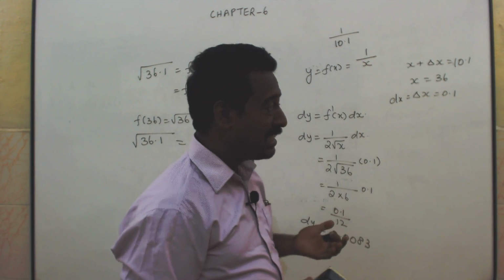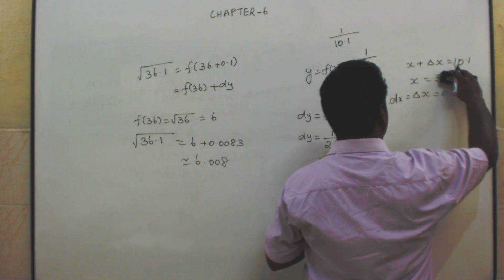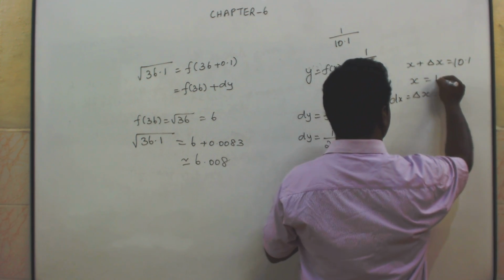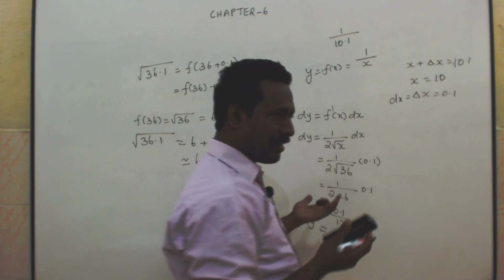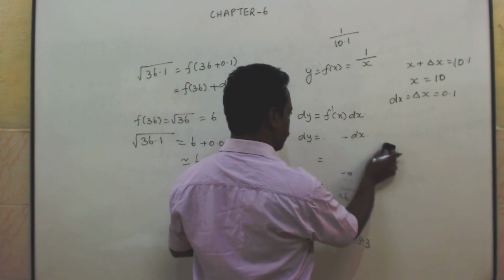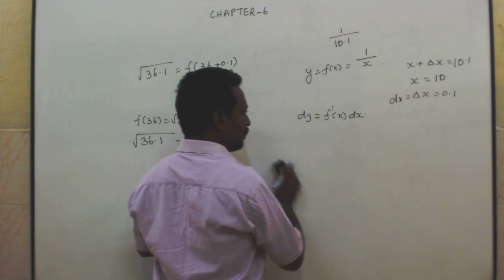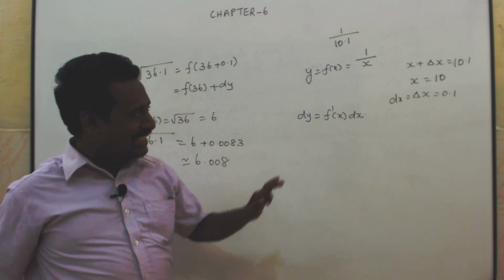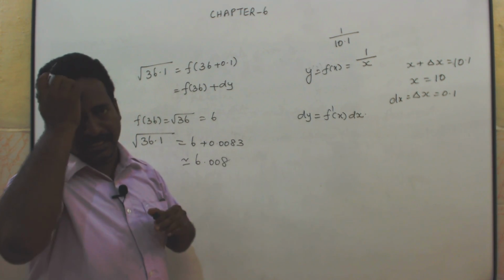Now, what is x? The nearest whole number is 10. What is dx? Delta x is 0.1. Here we have to change x. The remaining basic concept has no change.